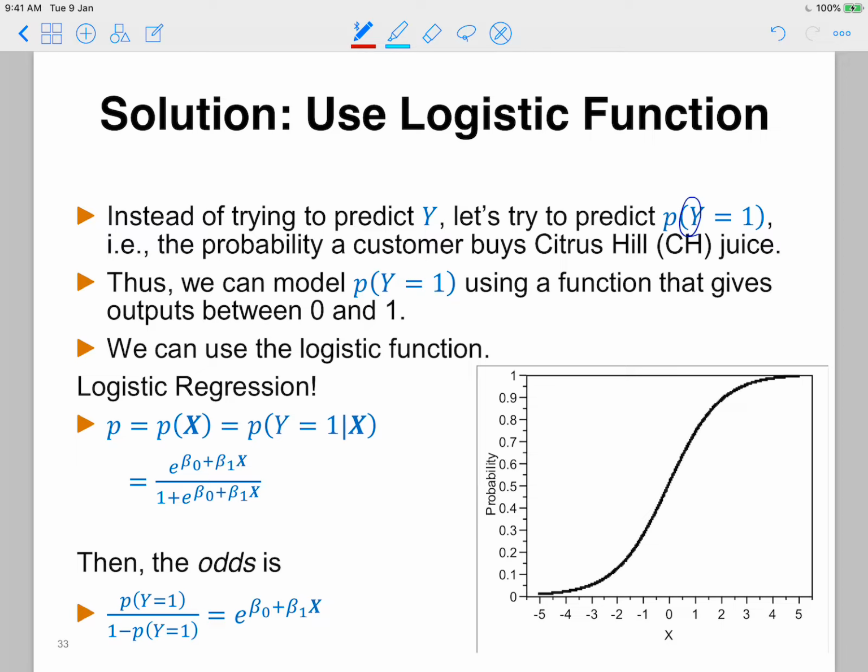In terms of the Bernoulli distribution of our binary variable y, we just model the probability of this class label y being 1. And this is defined as this, right?